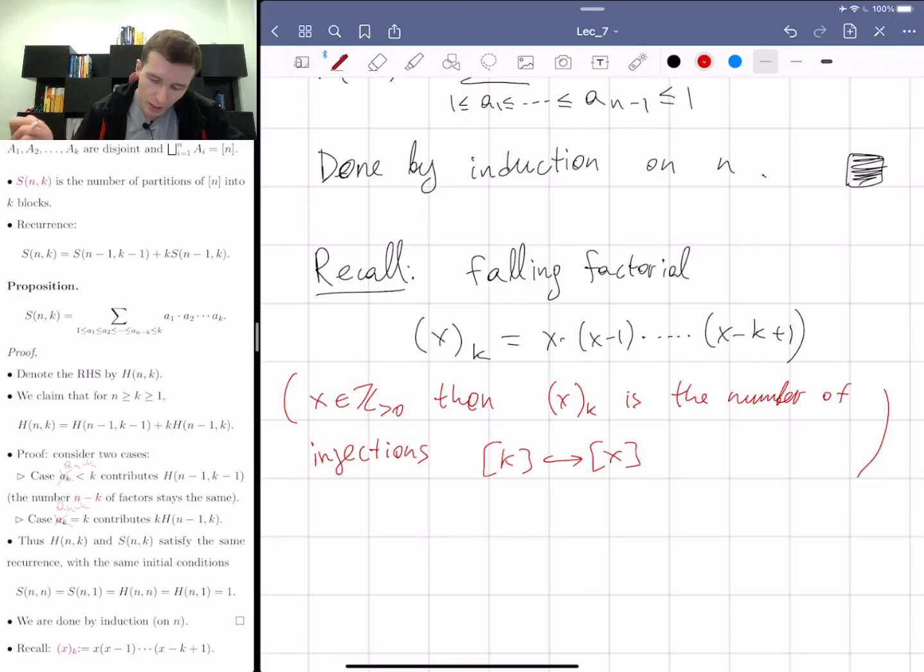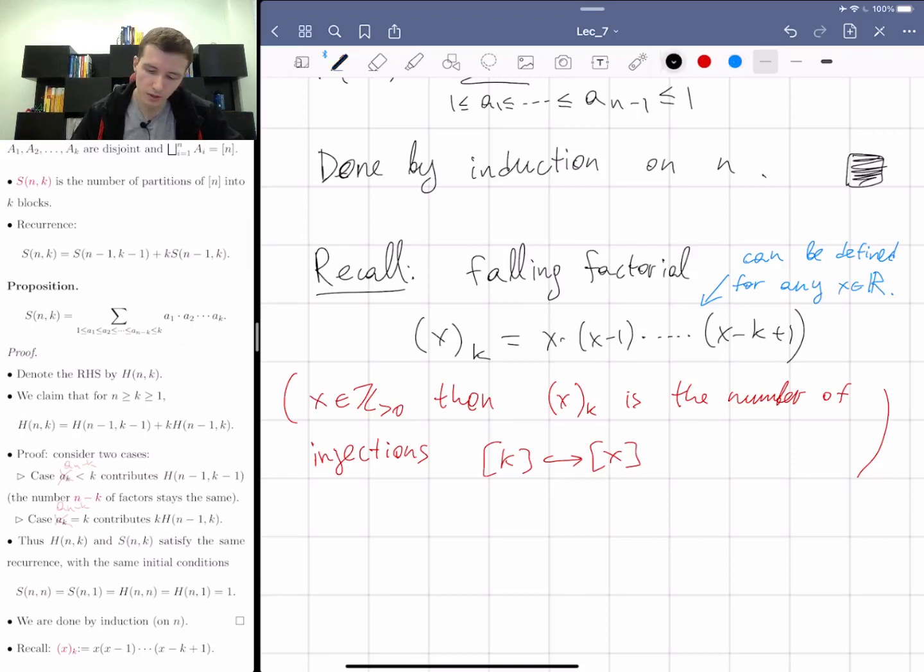But this formula can be defined for any real number x. It's just a polynomial in x of degree k.